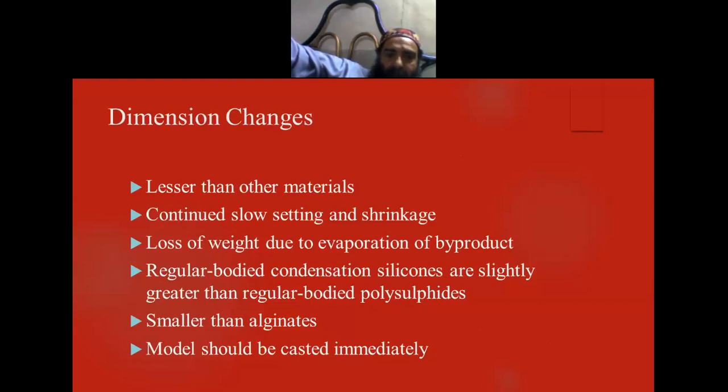So regular bodied condensation silicones have greater dimensional changes than regular bodied polysulfides and smaller dimensional changes than alginates. The model should be cast immediately.